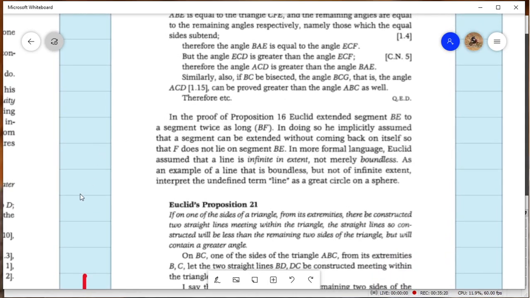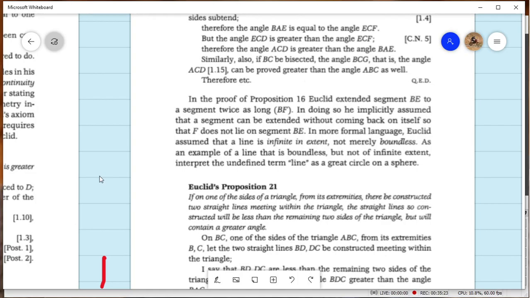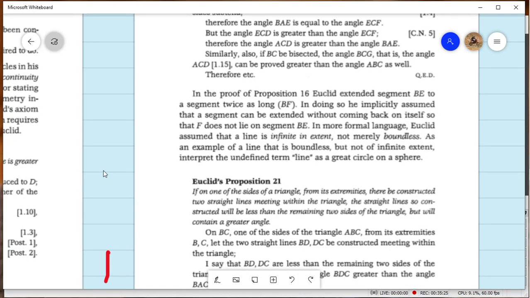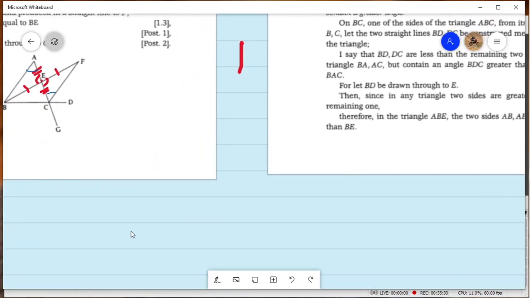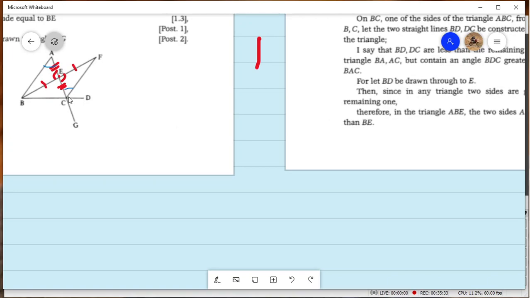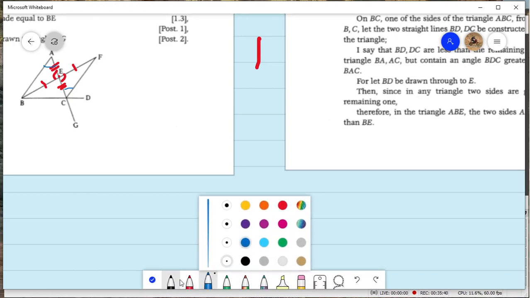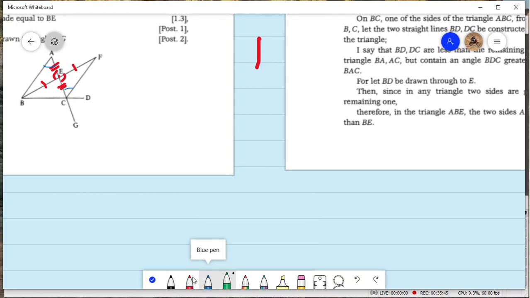But then, the angle ECD is greater than the angle ECF, this blue one, because the whole is greater than the part.